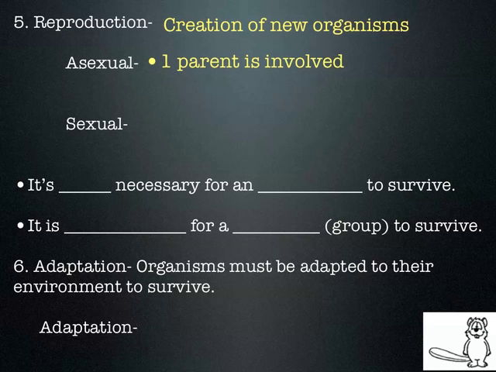Really, asexual reproduction is basically an organism making a copy of itself and reproducing in that way. An important thing to note is that the offspring produced by asexual reproduction are identical to the parent. There's no variation.